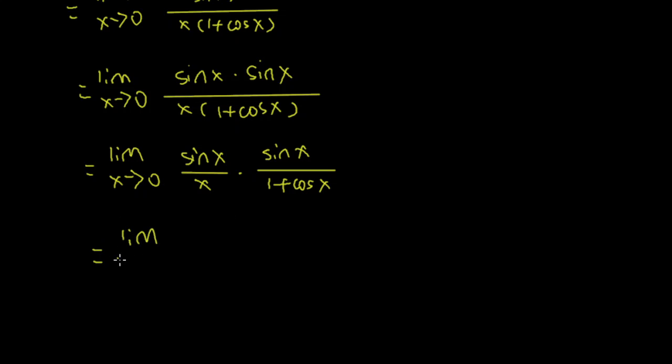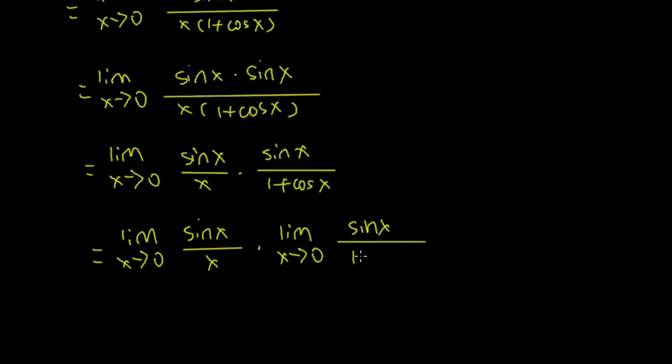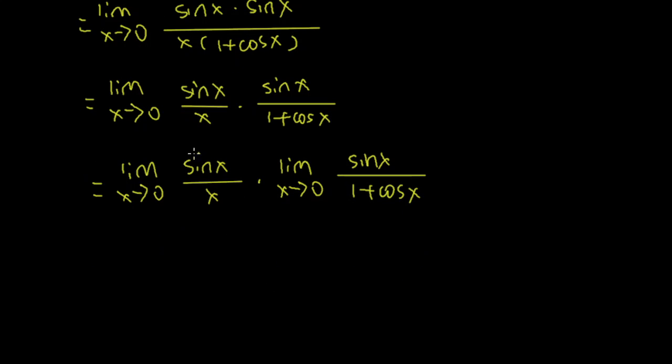I have this, times limit as x approaches 0, sine x over 1 plus cosine of x. Now, we just figured out that this limit here as x approaches 0, sine x over x is equal to 1, right? So that's equal to 1 times, how about this? We can directly plug 0 into x here.